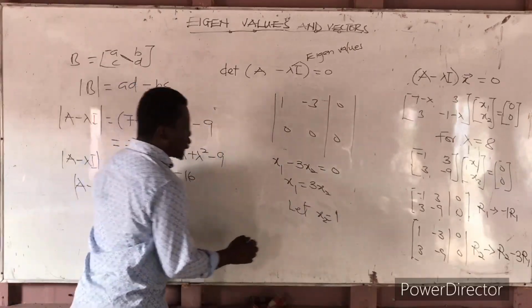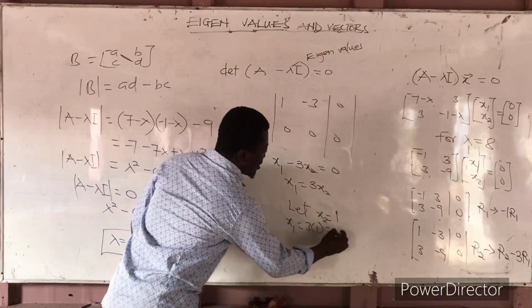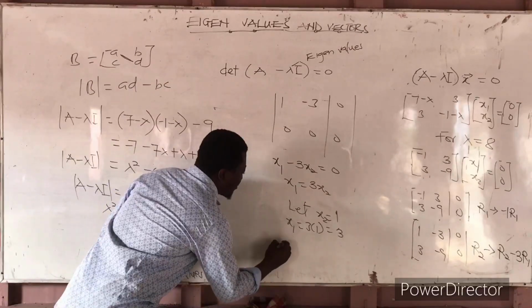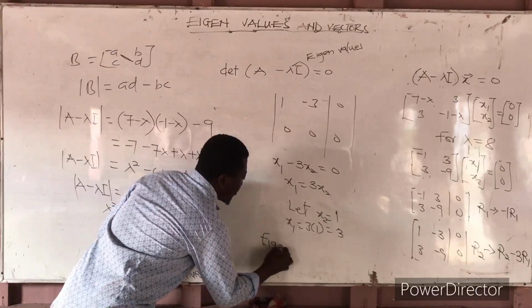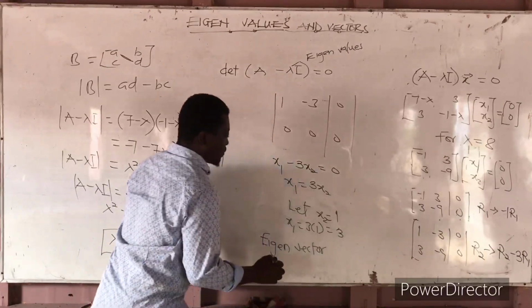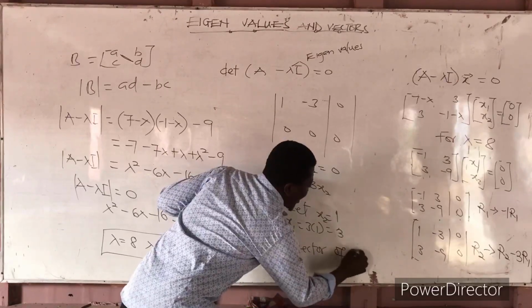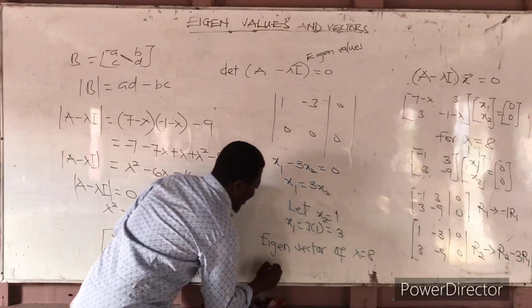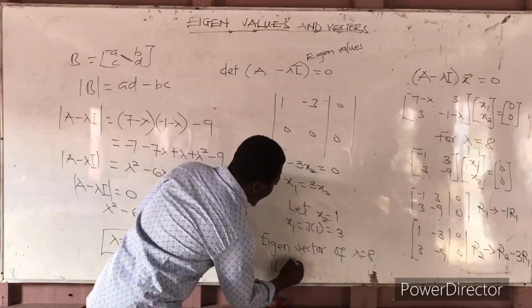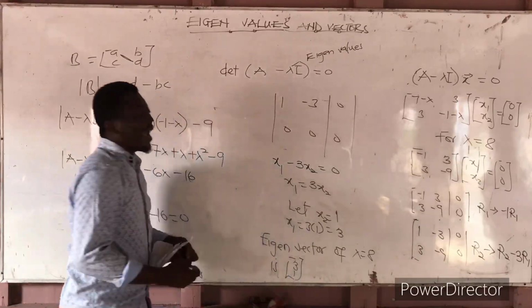If x2 is equal to 1, x1 will be 3 times 1, which is equal to 3. So it means our eigenvector of lambda being 8 is x1 is 3 and x2 is 1. So this is our eigenvector.